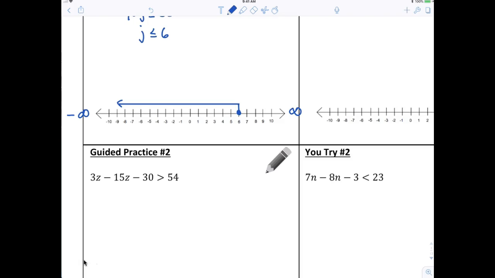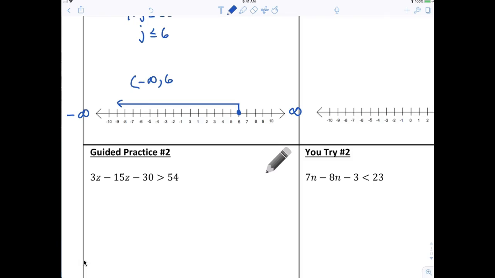Now, instead of using a number line, we're just going to write it in a shorthand notation. The shorthand notation would be from negative infinity all the way to 6. You always read numbers from what? From left to right. So you're starting out at negative infinity, and you're going all the way to 6, and then you're going to stop at 6.